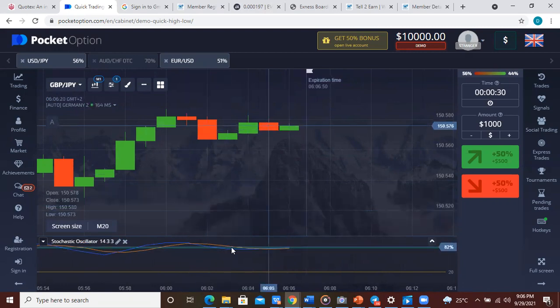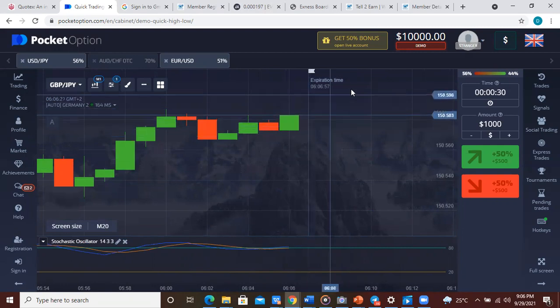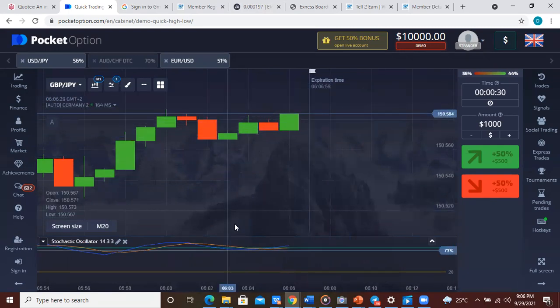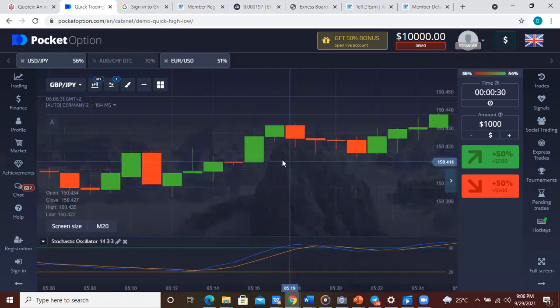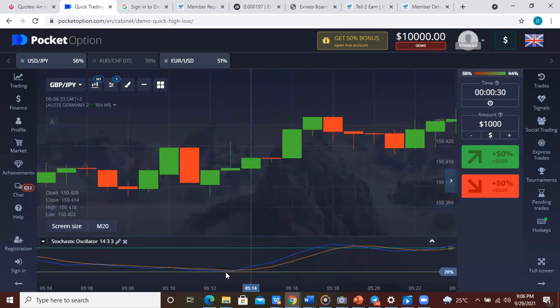When you see it at the top, the market is overbought, because the prices are going up when you are buying. When you see it at the bottom, it means the market is oversold.